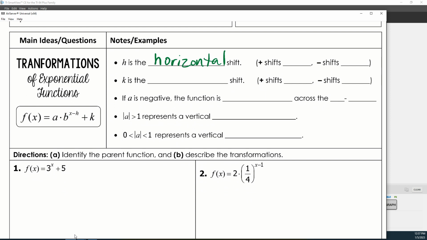So adding on the inside actually shifts it to the left, and subtracting shifts it to the right. All right, and then this K is on the outside, and adding and subtracting on the outside is a vertical shift, where adding is going to shift up, and subtracting is going to shift down.